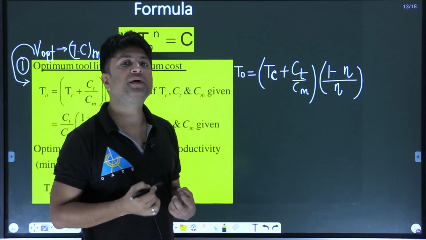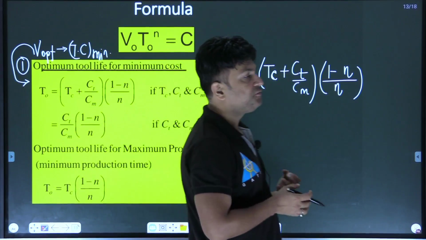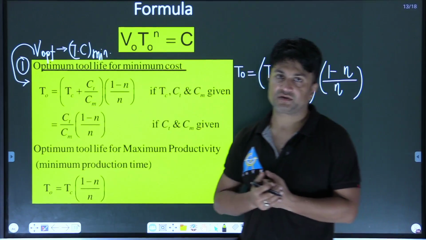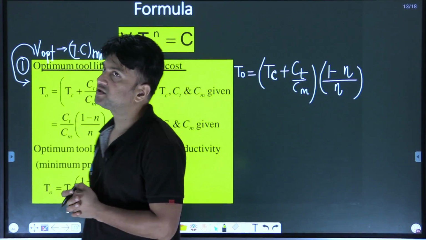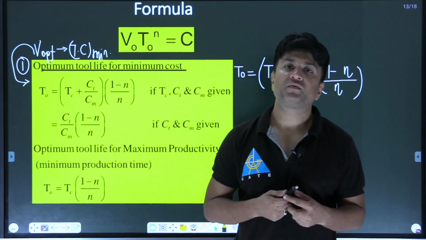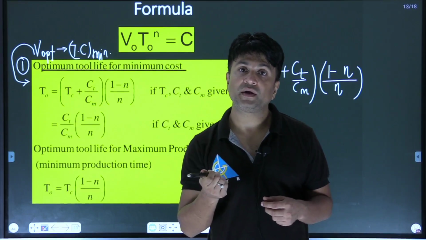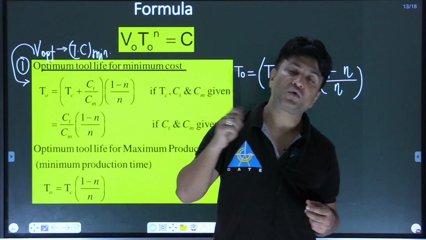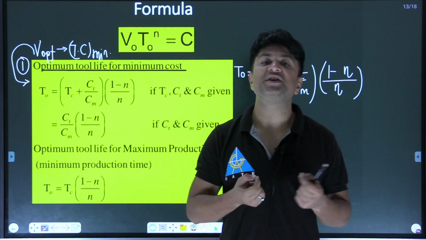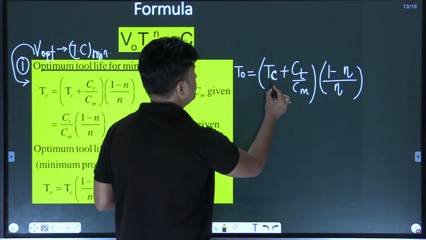Tc is the tool changing time. Suppose you are doing a machining operation and the tool wears out. Then you unmount the tool, and after repairing you mount the tool again. That is the tool changing time.